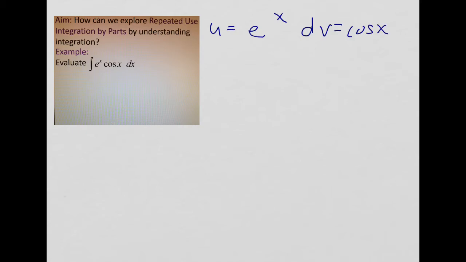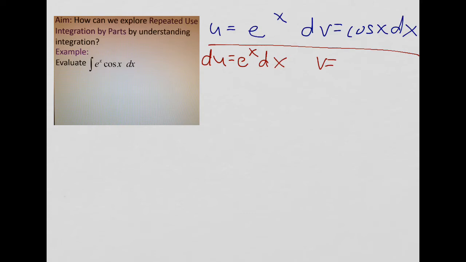It's typically the case. Next step, write du is e to the x dx, and over here, if we integrate both sides, we get v is equal to the sine of x, okay?